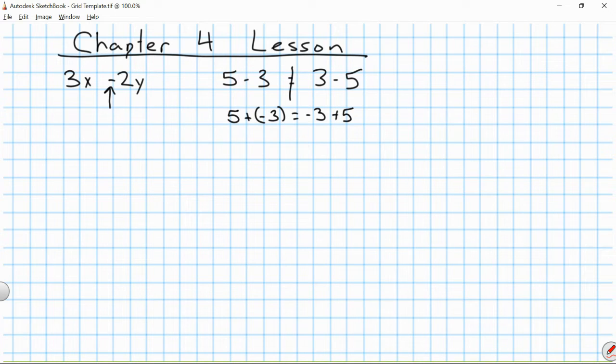Yes, you can. These are the same answer. Addition is commutative. So when I say for you to think of this as being negative 2y, I'm asking you to think of it like this. And the reason why we do that is so we can move the terms around and combine them with like terms.